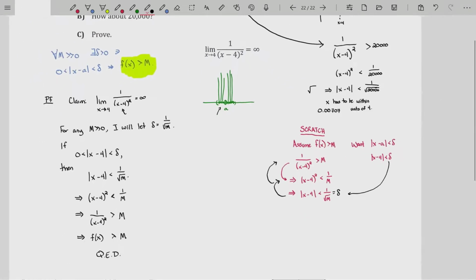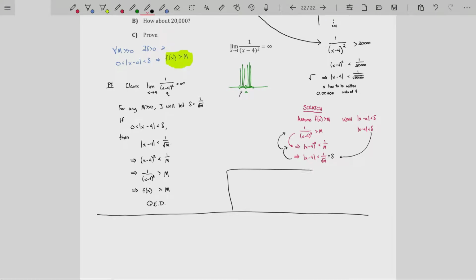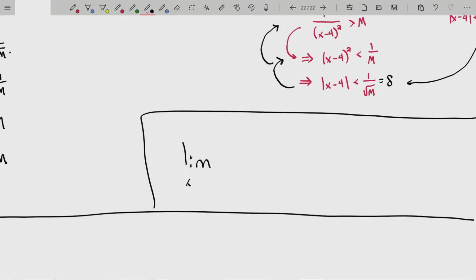Instead, I have something like the limit as x approaches 4 from the top side of 4 of 1 over x minus 4. And that's actually equal to infinity.